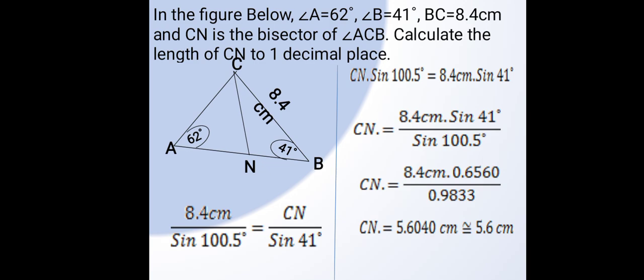Remember, if CN is a bisector of ACB, it means that the angle is bisected into 2 on each side. Knowing angle A and angle B, it's easier to find angle C and then the angles formed by the bisector. Now using the sine rule, the length of CN is 5.6 centimeters to 1 decimal place.